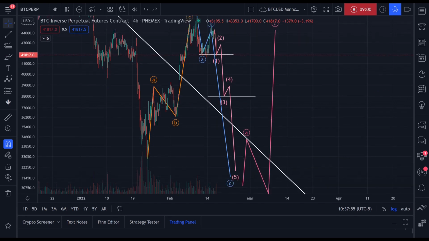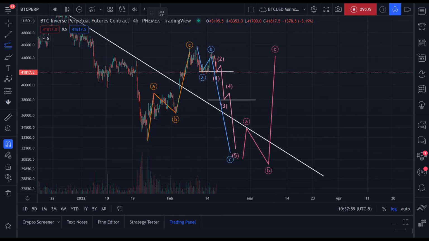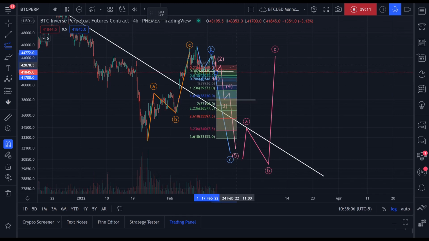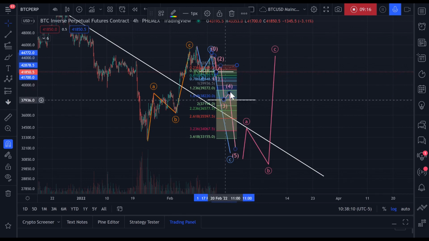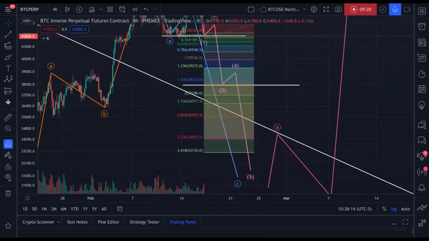And if we take our Fibonacci extension tool and we take the length of wave 1, from the top of wave 1 to the bottom, wherever that ends, around there, let's say, a retracement of wave 2, we see that wave 3 does indeed end between the 1.618 and the 2.